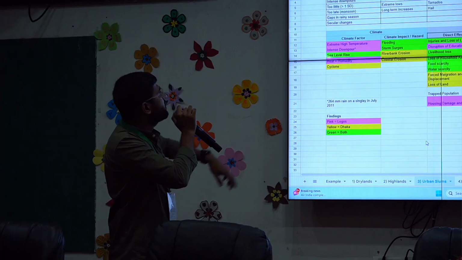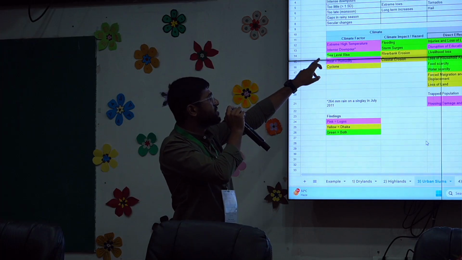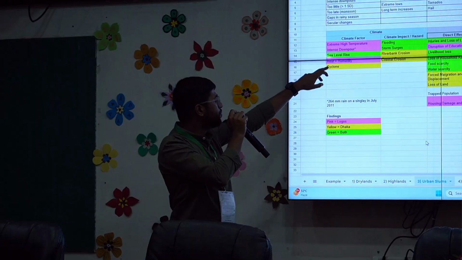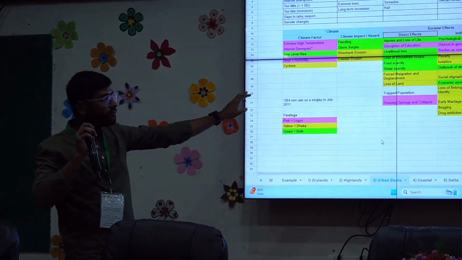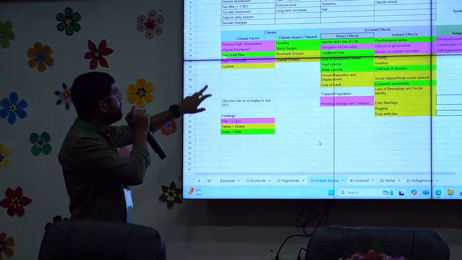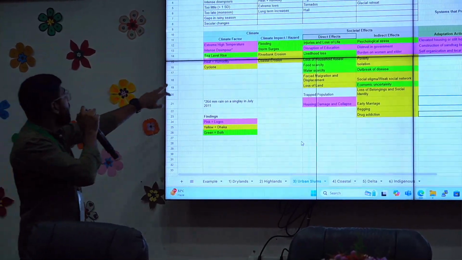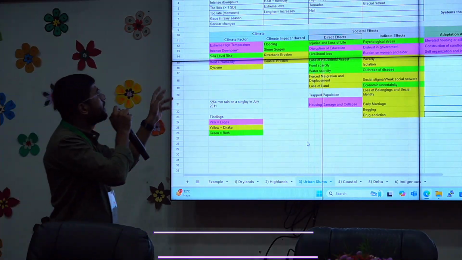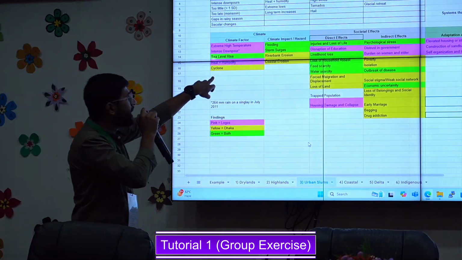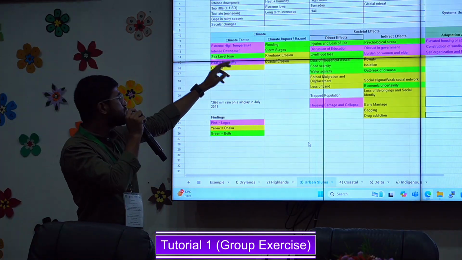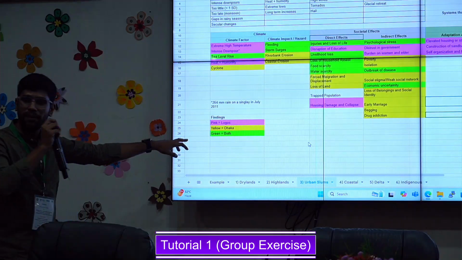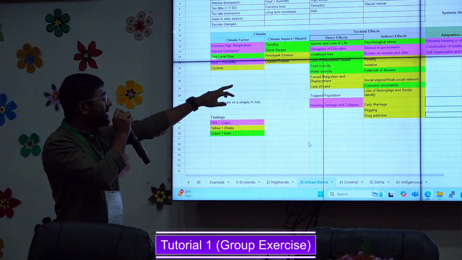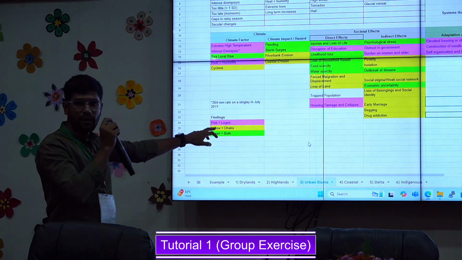We have identified some climatic factors: extreme high temperature and intense downpour in Lagos, sea level rise in both the cities, and cyclone in Dhaka. The climate impacts of these factors are flooding and storm surge, which can be seen in both the places, and riverbank erosion and coastal erosion seen in Dhaka.